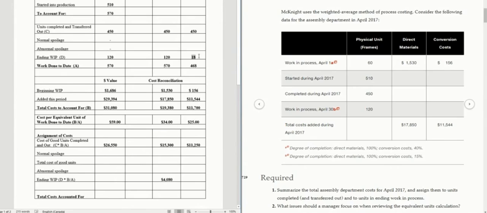My ending work in process only has the equivalent of 18 units worth of conversion cost though, but at $25 each, I've spent about the equivalent of $450 in terms of the effort on that batch. So 450 plus 4,080, I guess gives me about 4,530.